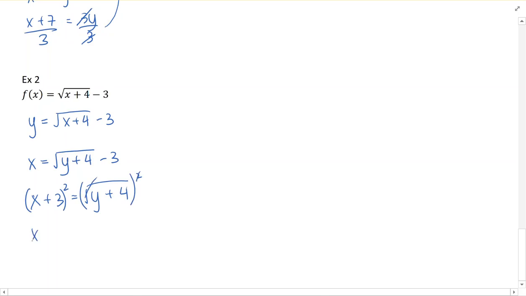Okay, so we have x plus 3 squared equals y plus 4. And we will need to now move the 4 to the other side. So we have x plus 3 squared minus 4 equals y.